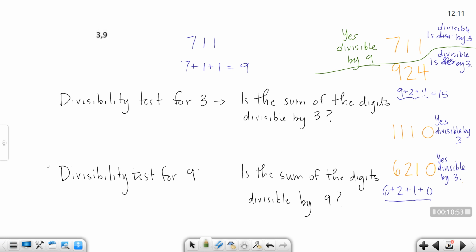If you added up 9 plus 2 plus 4, you get 15. Okay, 15 is not divisible by 9 because your multiples of 9 are 9 and then 18. So this one here is not divisible by 9.